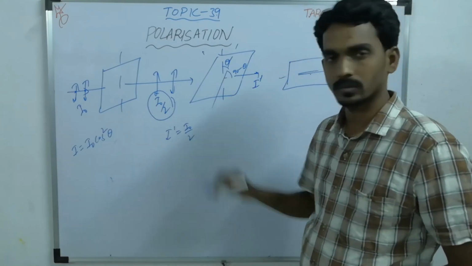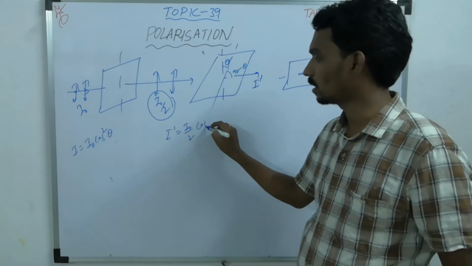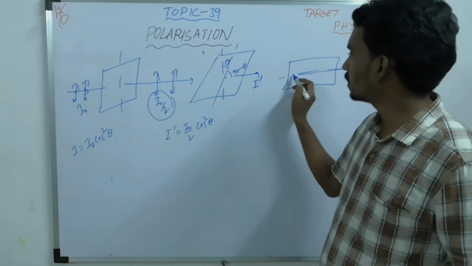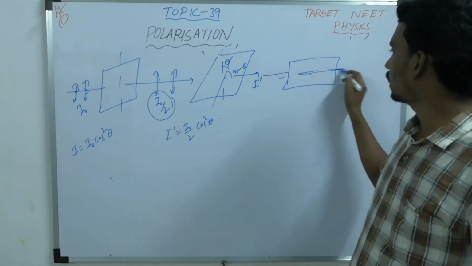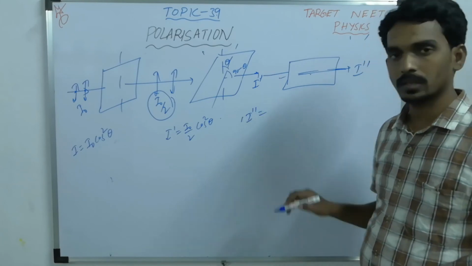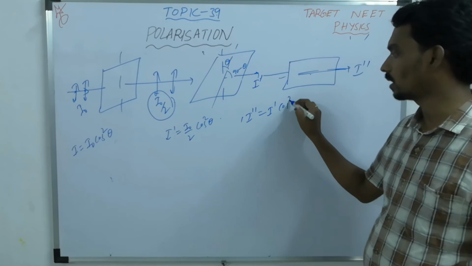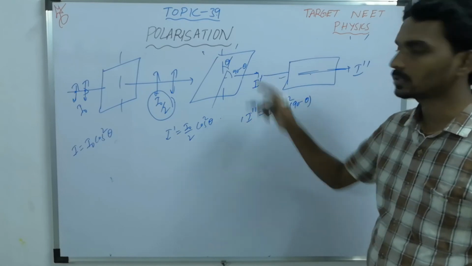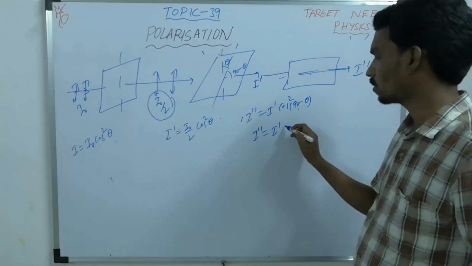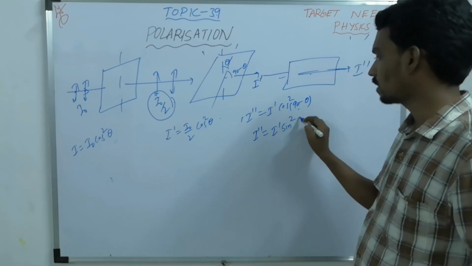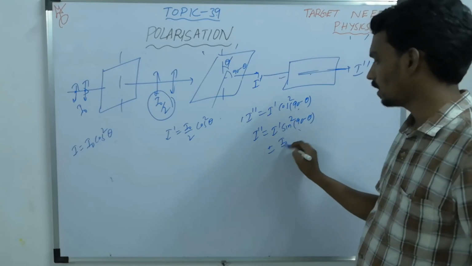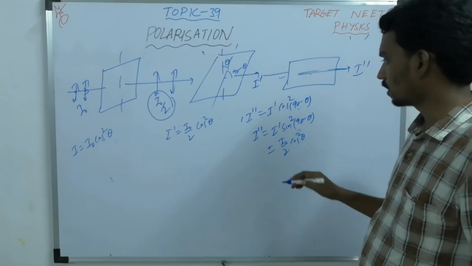I naught by 2 is falling, so I dash equals I naught by 2 cos square theta.